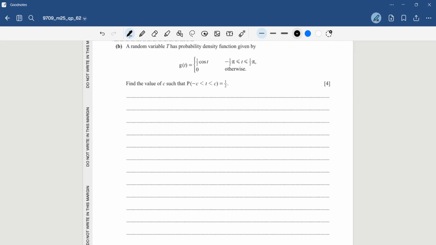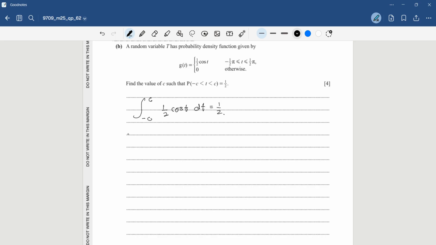Okay, now for B, a random variable t has a probability density function given by this. Find the value of c such that the probability between negative c to c is 1 over 2. So in order to find the probability, you just integrate. So integrate from negative c to c of 1 over 2 cos t dt is equal to 1 over 2. That's it.